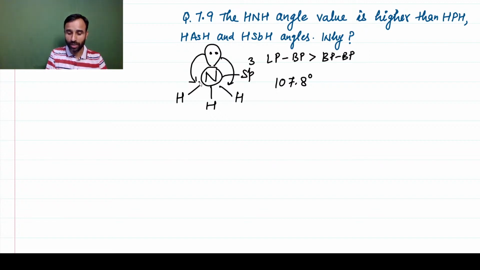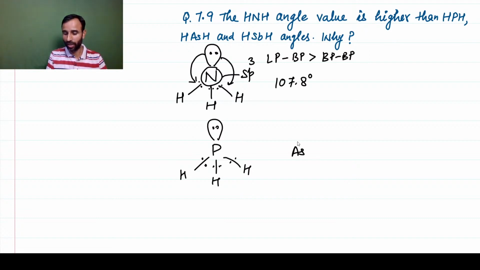Okay. Now, you know, nitrogen is the most electronegative among group 15 elements. So the bond pair is closer to nitrogen. So here bond pair repulsions are maximum in comparison to phosphorus, arsenic, antimony. In phosphorus, the central atom is less electronegative, so the bond pair moves away from it. In AsH3, the bond pair is further away.